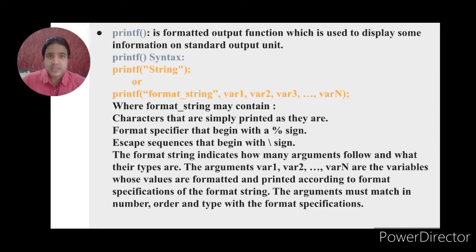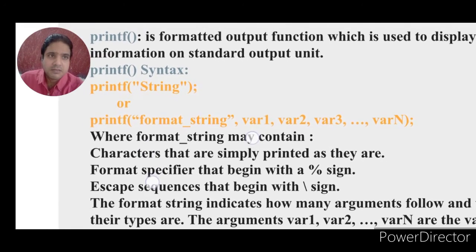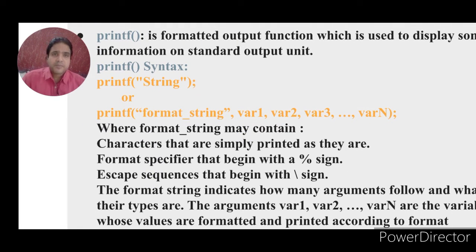Now we will discuss each function which belongs to the formatted as well as unformatted input output function. First is the printf function. We know that it is a formatted output function. The proper syntax is printf in brackets, double quotes, string.